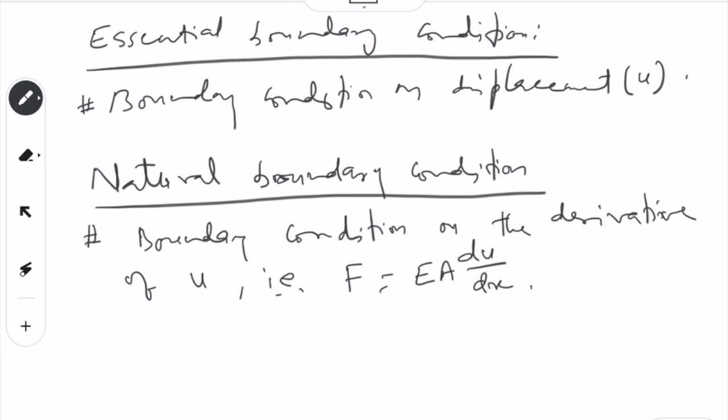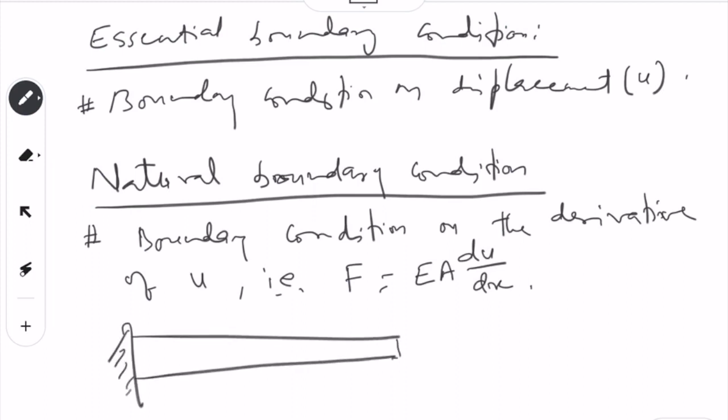Let us say you have the same problem as we have taken, and you have body forces like this one. Now, if you apply a force at the end, then at this point you are going to say EA times du over dx at x equal to L is equal to f naught, right.